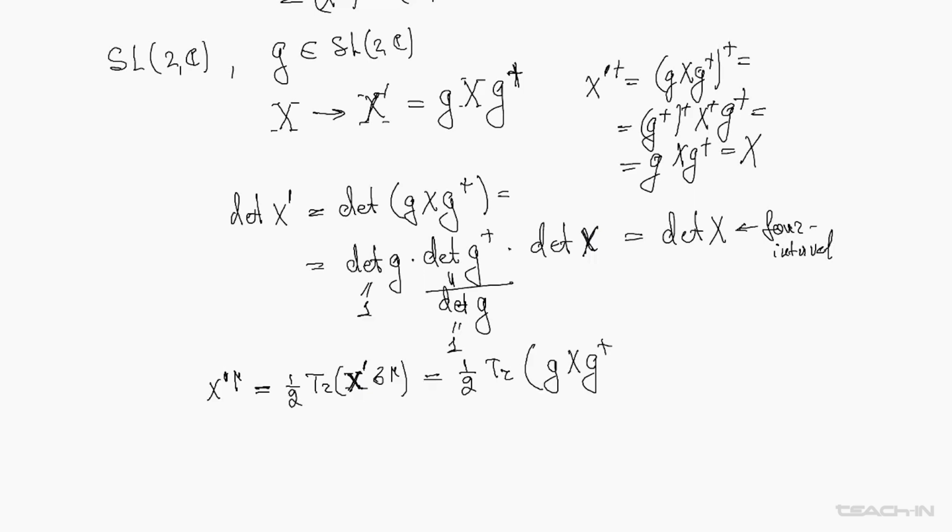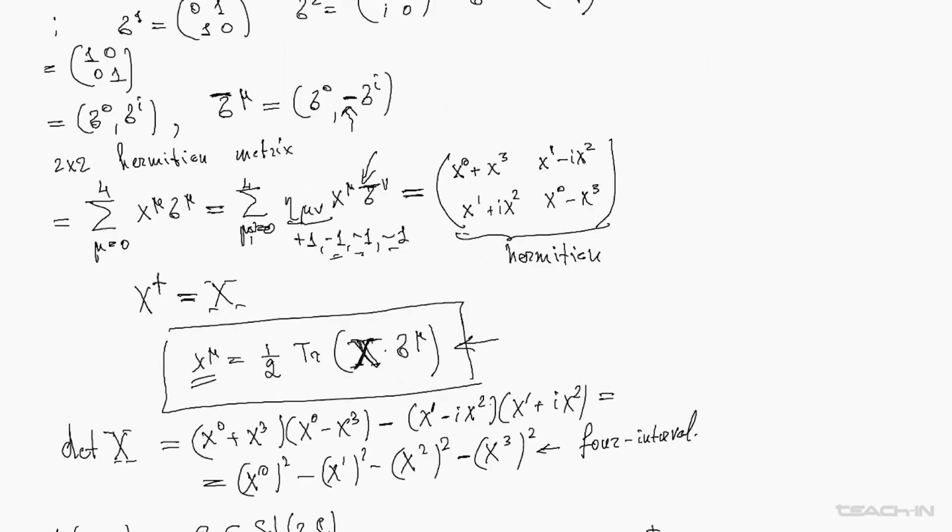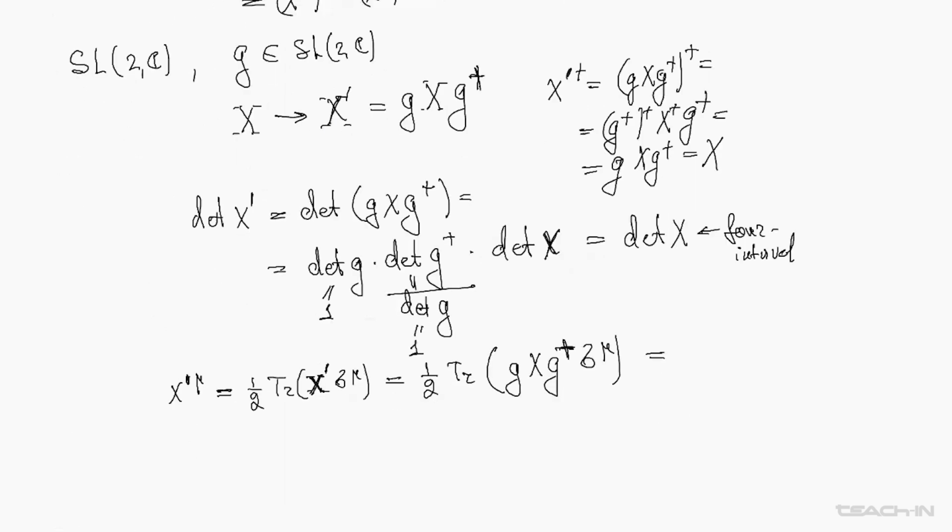Then what we can do, we can substitute here the definition of X by using the matrix sigma bar. So to write this as 1/2 trace sigma mu G sigma bar rho G dagger eta rho nu x nu.